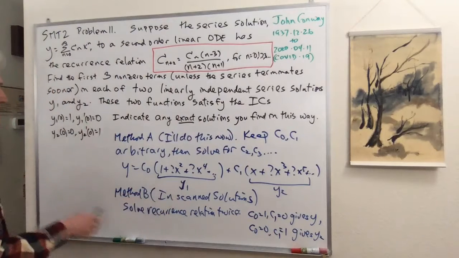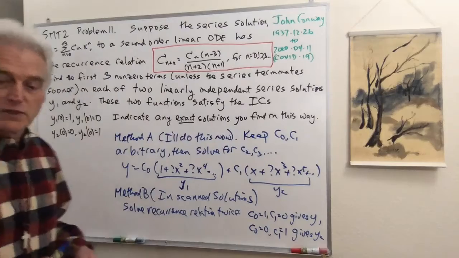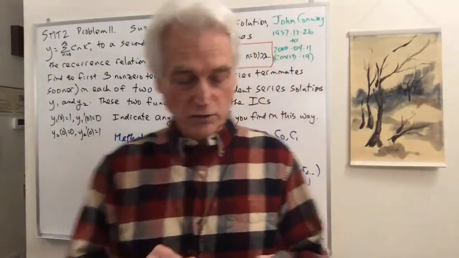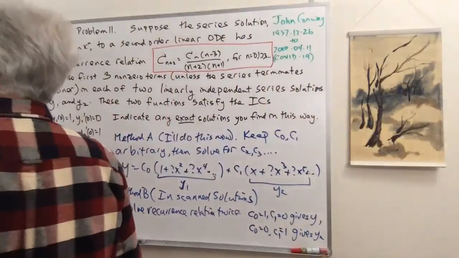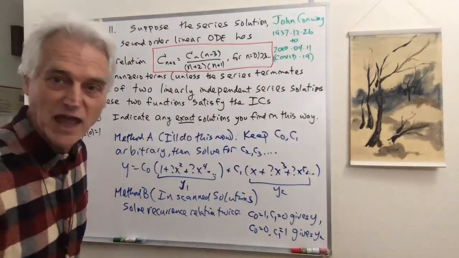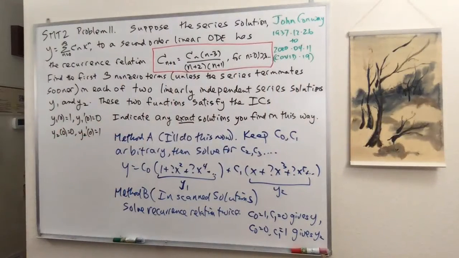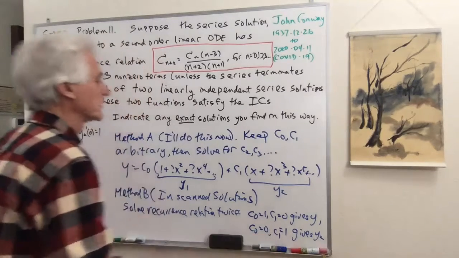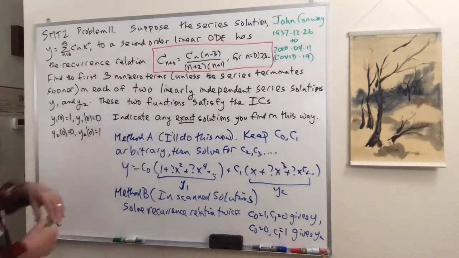I'm going to erase this in a minute, but I can write down all of the recurrence relations without doing that. Just a second, I'm going to get my black pen. I'm back. So what is the recurrence relation? Let's unpack it.